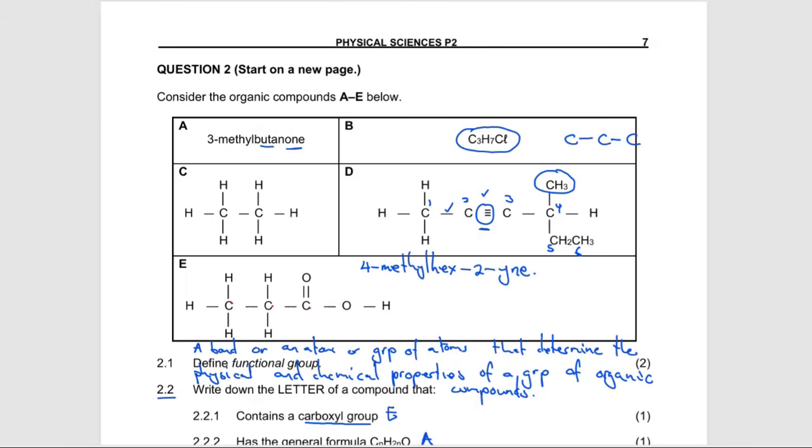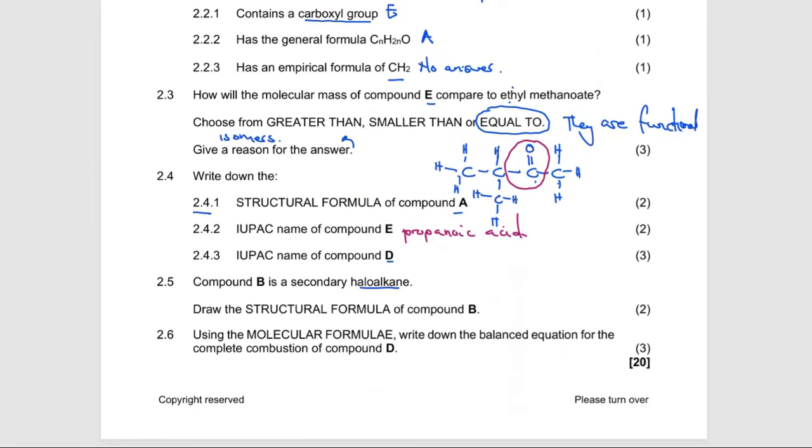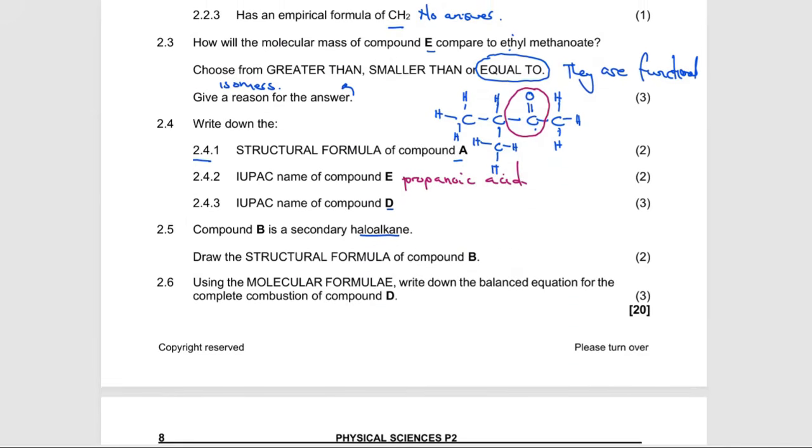To formulate a secondary haloalkane, my chlorine, which is my Cl, is supposed to be bonded to this carbon, and this carbon should be bonded to 2 other carbons, which are these ones. Then I'm going to add the hydrogens, because remember your carbon should always bond 4 times. So it's H and H there, and at the top an H, and another one there, and H. So that's how we write down the structural formula of compound B, right?